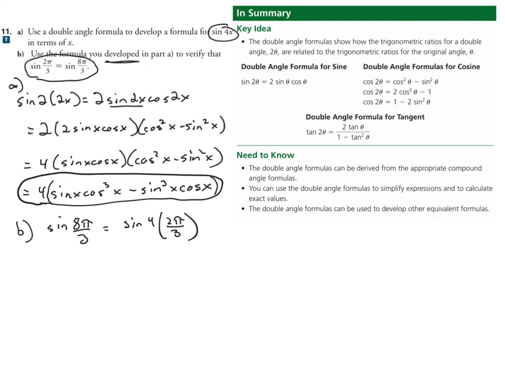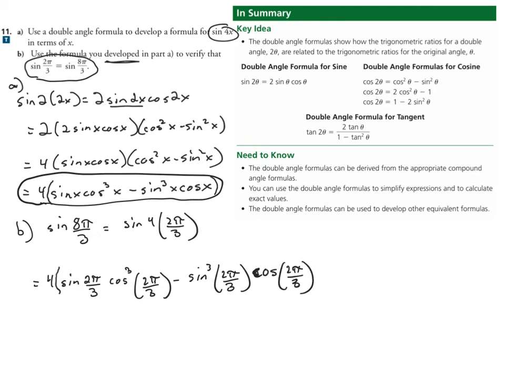Right, so I need to say that sine of 4 times 2 pi by 3 is equal to 4 sine of 2 pi by 3 times the cos cubed of 2 pi by 3, minus sine cubed of 2 pi by 3 times cos of 2 pi by 3, which equals 4.